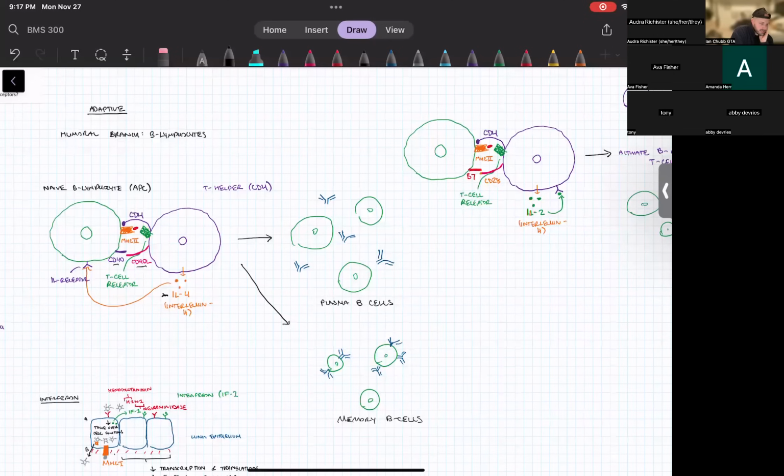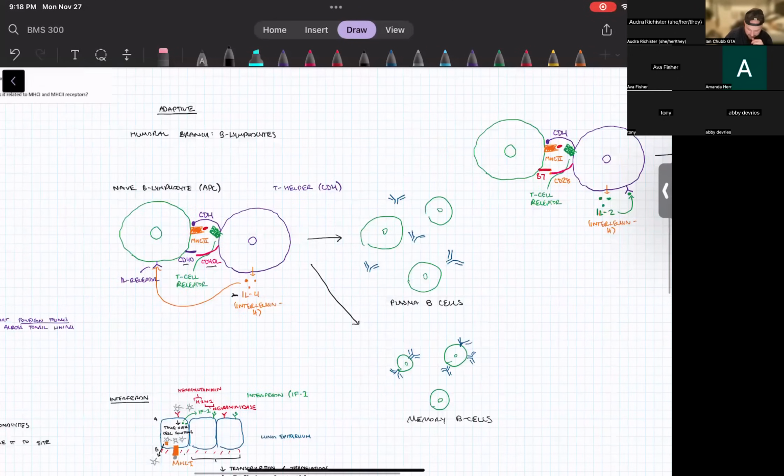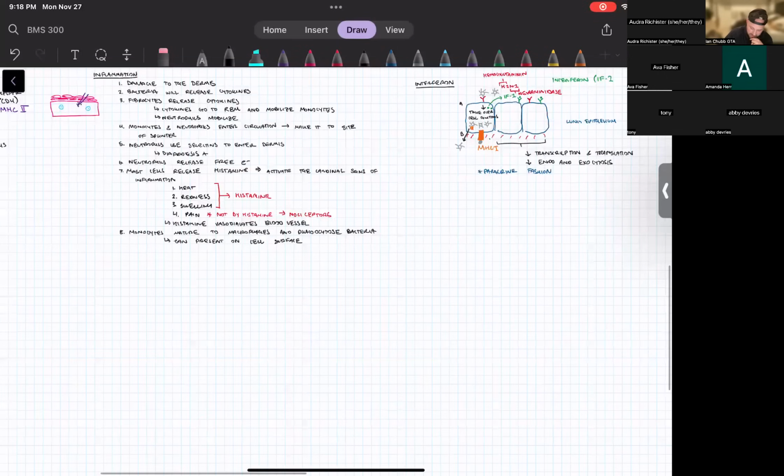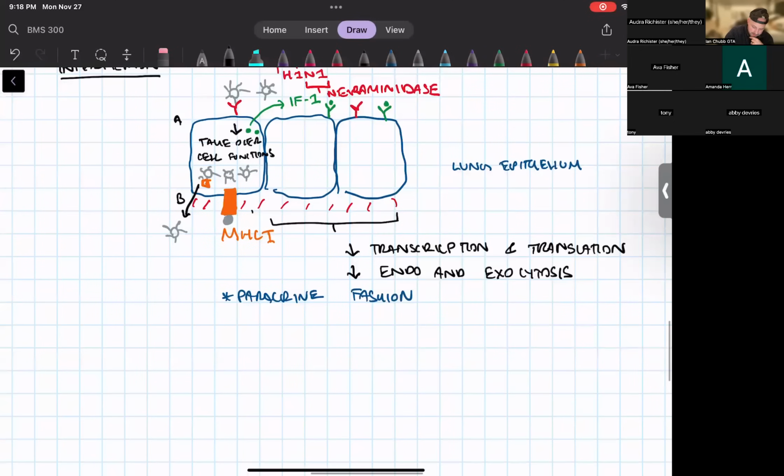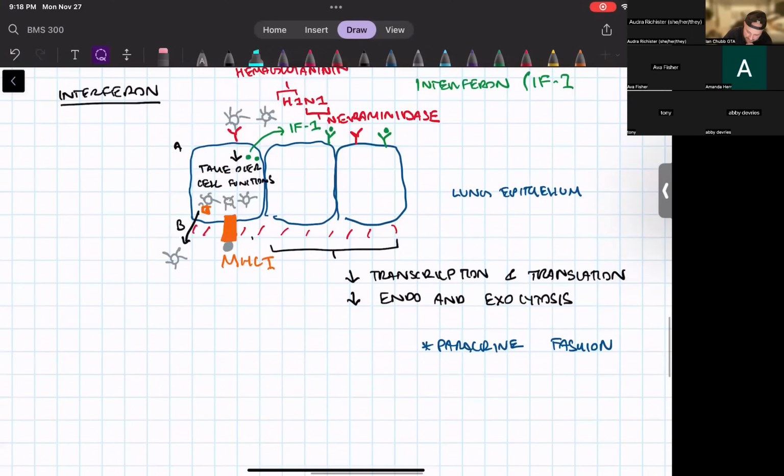Now the other role is going to be the whole idea of T killer cells, which are going to work on MHC1s, which means we can work on basically any cell. Let's come back to our example here. We had our H1N1 attack this epithelial cell.